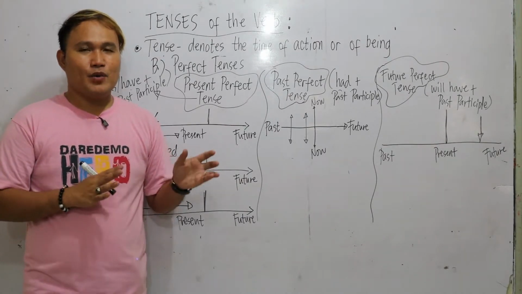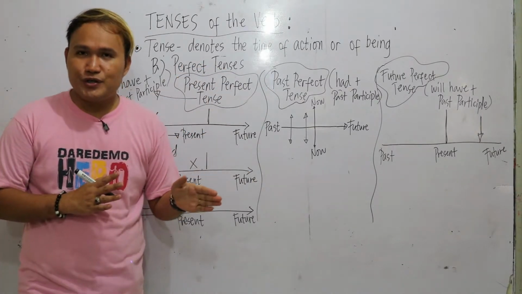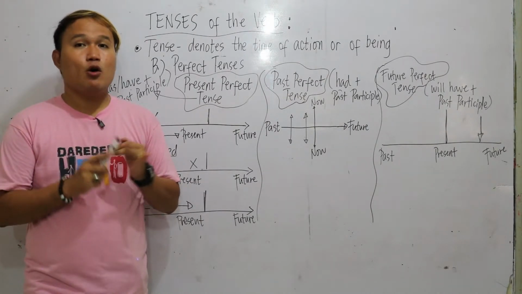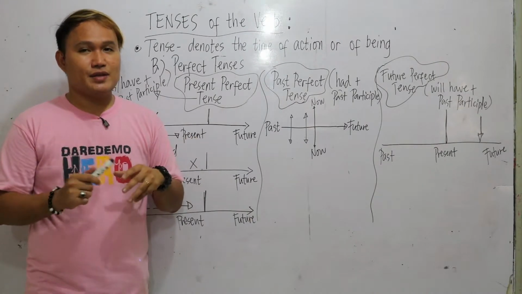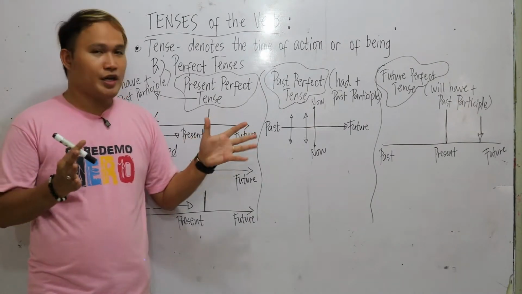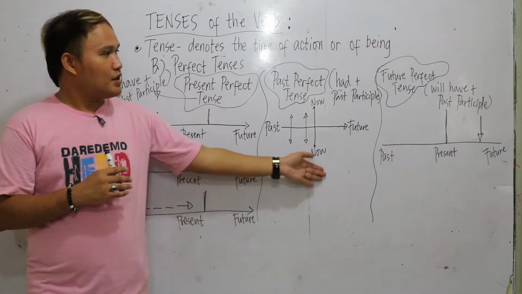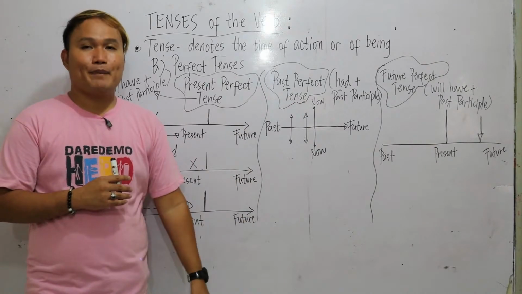By the way, for perfect tenses we do have some signal words or verbal clues. We have already, recently, for 5 years, for 6 years, something like that. Later on, we're going to use those signal words as we continue to discuss the past perfect tense or the future perfect tense.